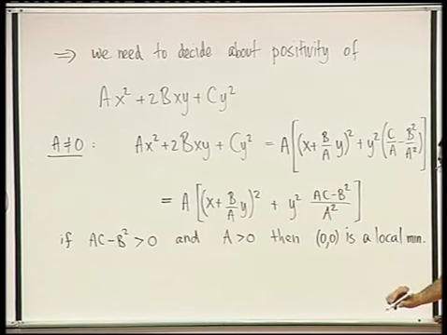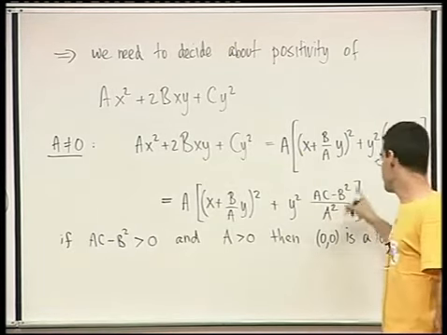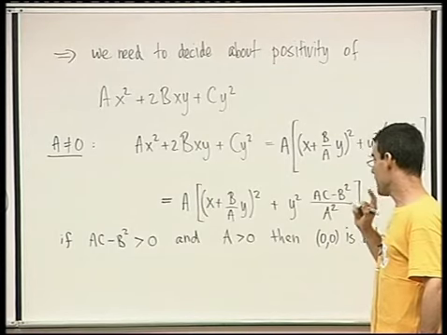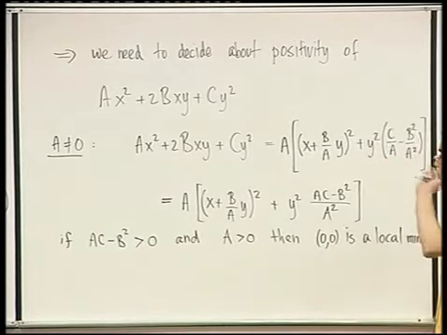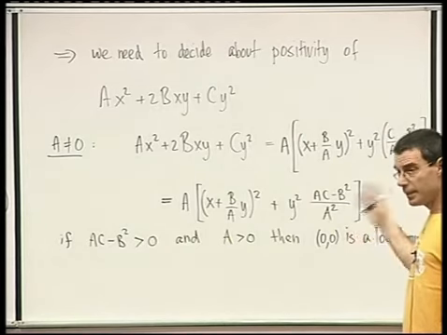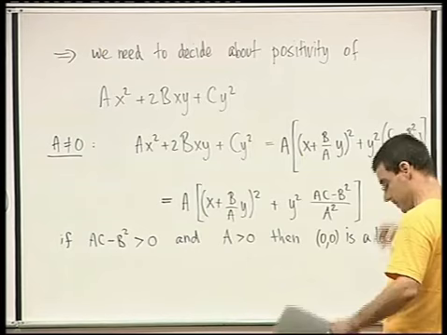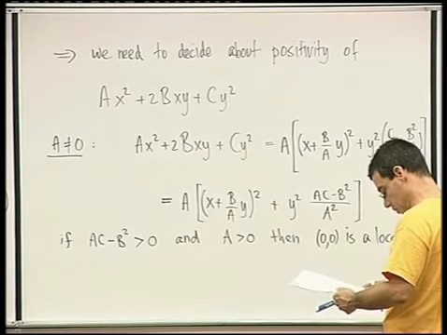Yes? Is it enough to say that ac minus b squared is bigger than or equal to 0? You're asking if this could be 0 as well. I guess it could. Eventually, we're going to have this break into various cases in total, and in fact, I'm not sure.